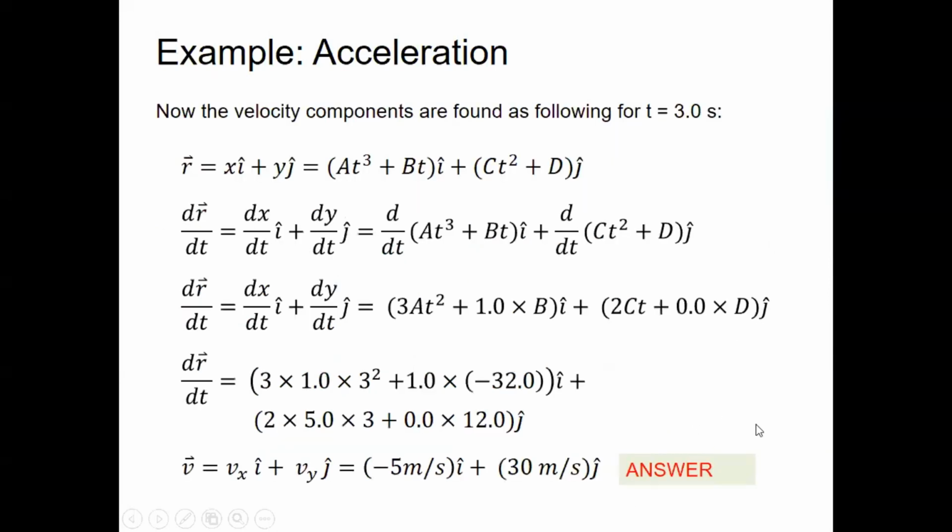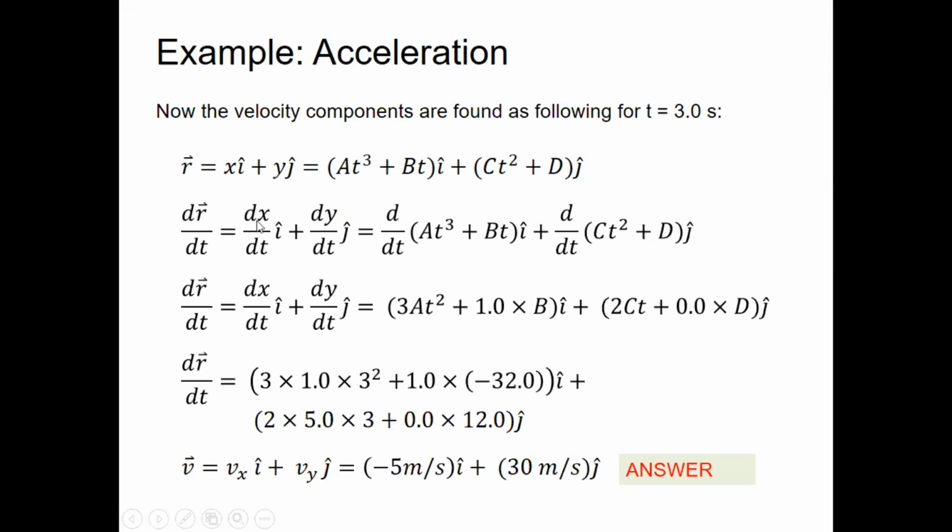We move further. For the velocity component, if we want to find the velocity, we are given this r, which is x times i unit vector plus y times j unit vector, and I substitute the functions a t cube plus b t times i, plus c t square plus d times j. Then substituting the 3, we have reached the value of this vector. Now we take the derivative.